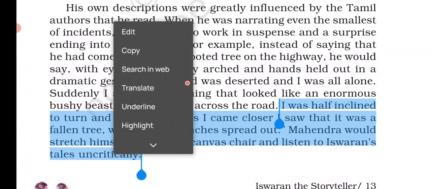You could actually see its bushy branches lying on the road, right? That's how he narrates the simple incident. The branches of the tree spread out, and it did seem as if it was a huge beast, right? And for Mahendra it is very amusing, and he also adores and compliments him for his talent of narrating stories in such an interesting and captivating manner, right?